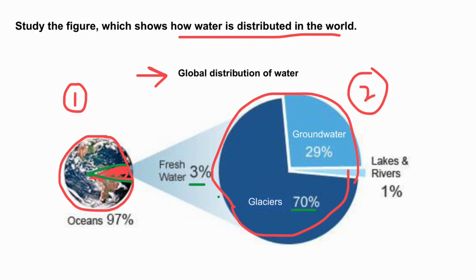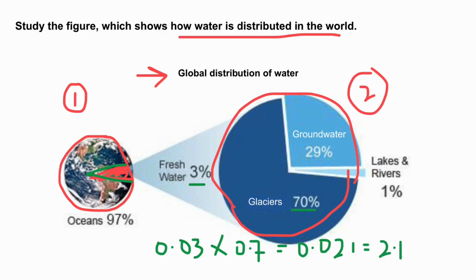So mathematically, I'm just going to take 3% times 70%, so doing a bit of math here, 0.03 times 0.7, that would get me 0.021, and that would get me 2.1%.